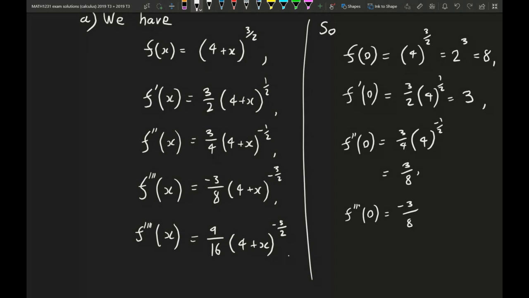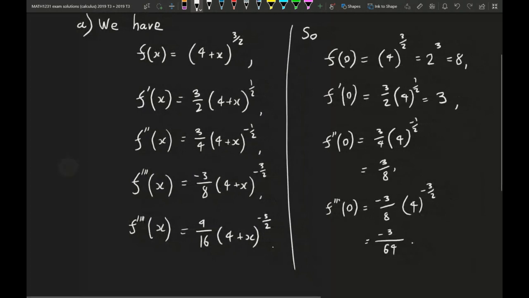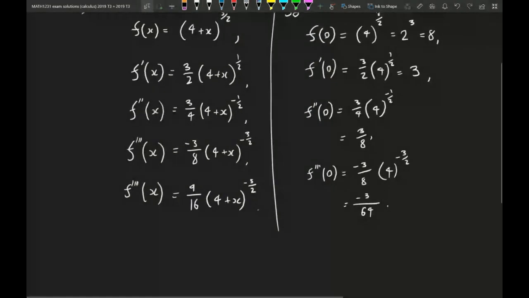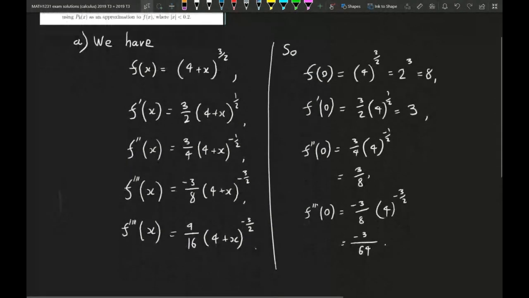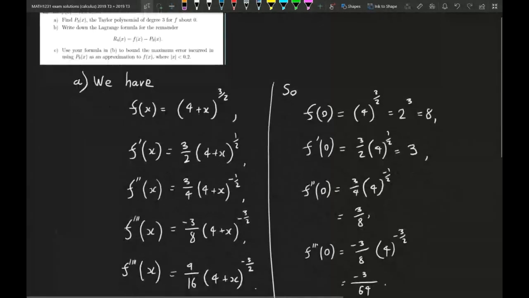I need minus 3/8 times 4 to the minus 3 halves. That's minus 3 over 8 times 2 cubed again, being 8, so 8 squared. Actually, that's 64. You could leave these as powers of 4, but they're fairly nice rational numbers, so I think it makes sense to clean these up. All right, so we were just asked to write down the third degree Taylor polynomial about 0.